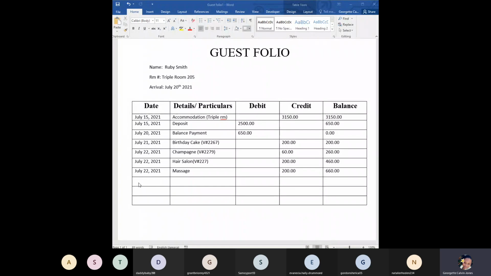All right. So we're going to answer some of my question by just adding something that she paid for. Not settling her balance, but just adding something that she paid for, because there's a difference in how you put things on the debit. So say for example, on July 23rd, she did something, a spa treatment for herself.